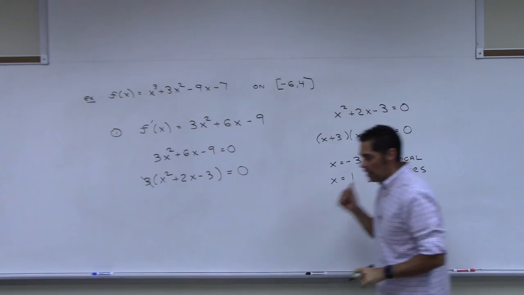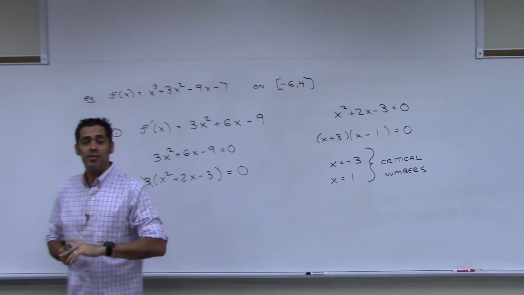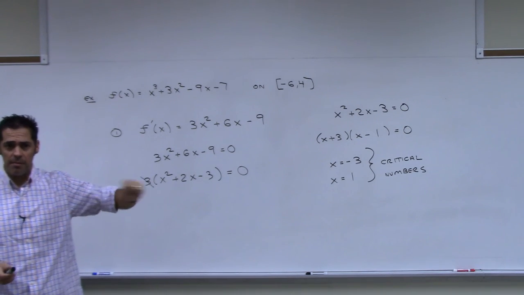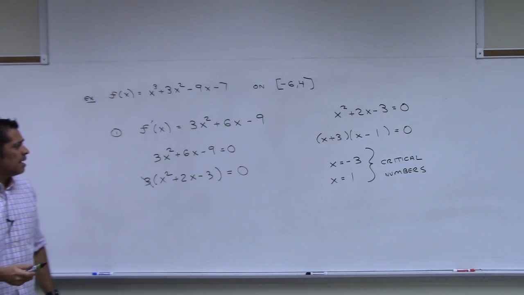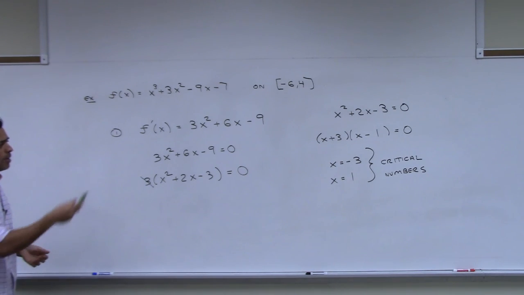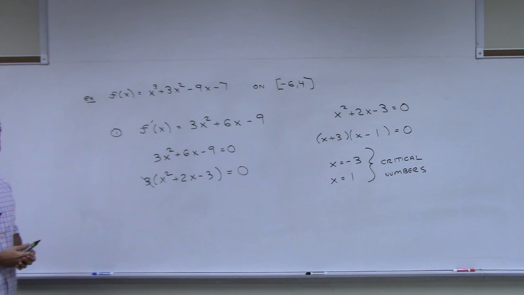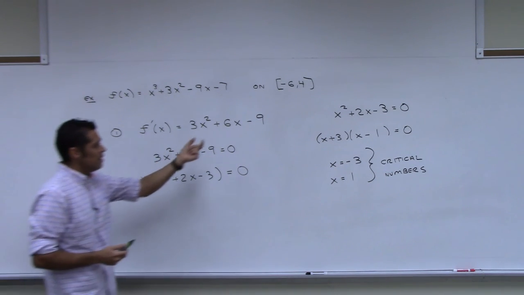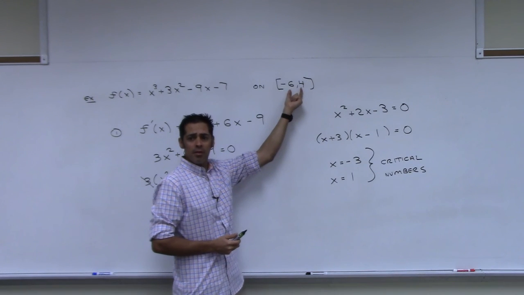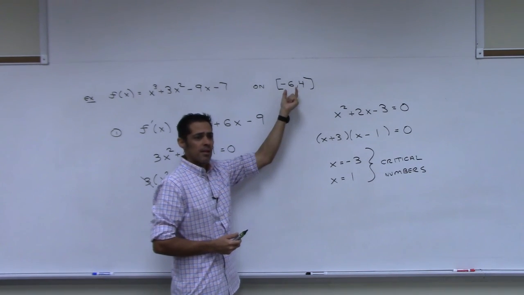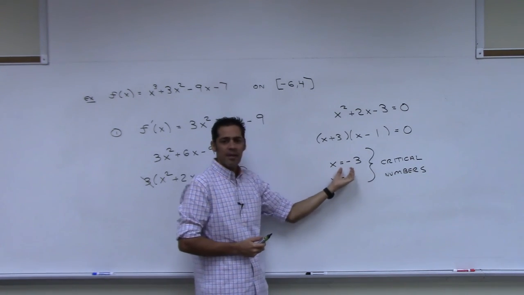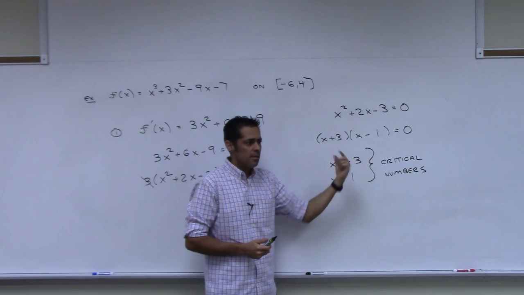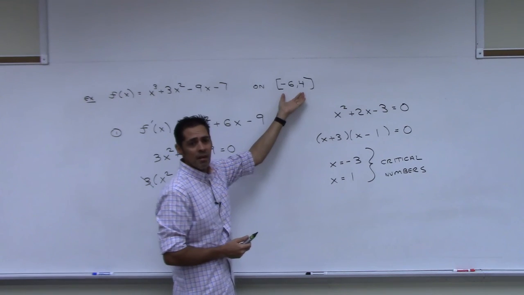Now, there's a very important step right now that I did not stress to you when I was writing down the steps, and maybe you want to add this into the steps as a side note. When you get these solutions, you must check to make sure that they live inside the interval you're looking at. Because let's say this came out to be x is 10, you would not want to plug 10 into your function because 10 isn't in here, right?